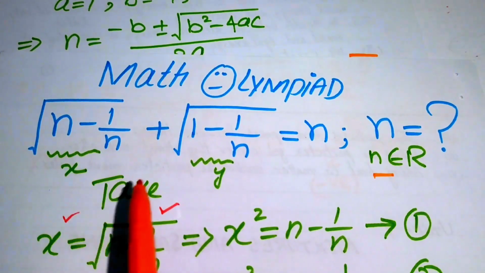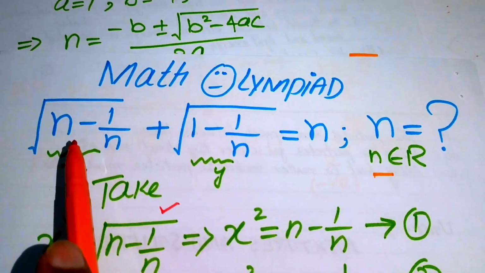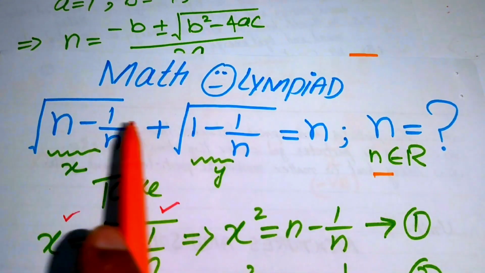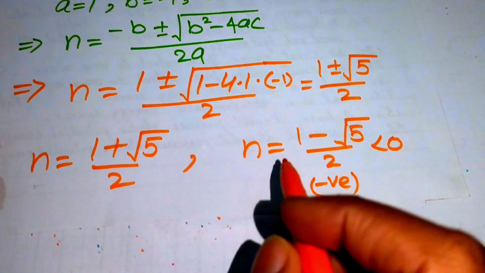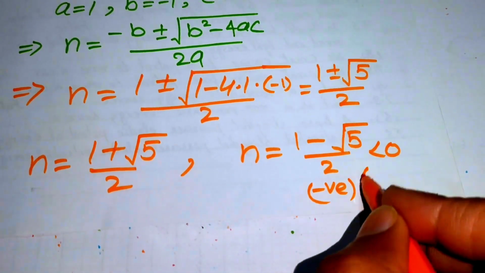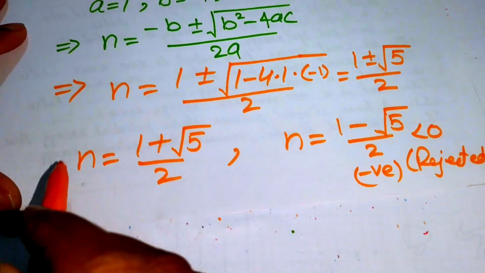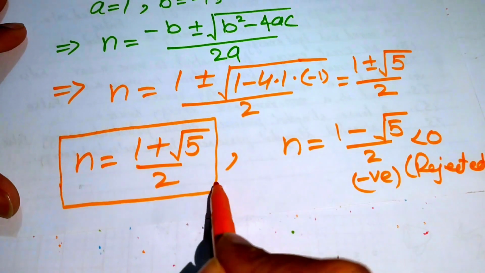When you put the negative value of n in this equation, you get a complex root, which means that this negative value of n does not satisfy this equation for real values, so we reject this case. We have just one real solution of the given problem, and it is n = (1 + √5)/2.